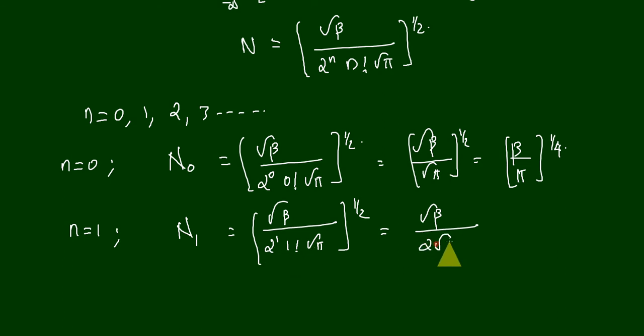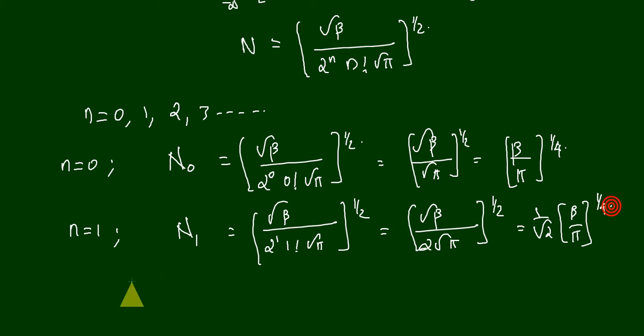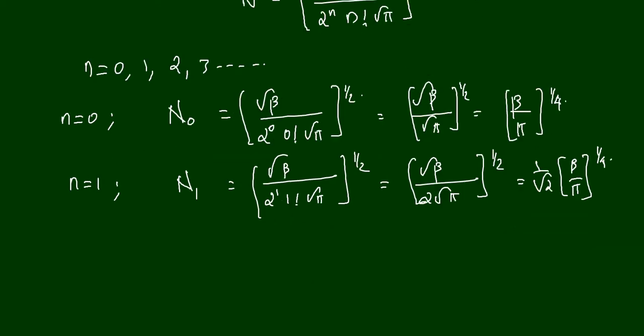Okay, 2 into root pi, the whole raised to half. Therefore we can write it like 1 divided by root 2, because 2 raised to half is root 2, 1 divided by root 2 into beta by pi raised to 1 by 4. So that is the expression for N1.